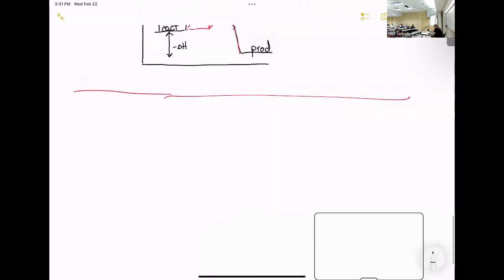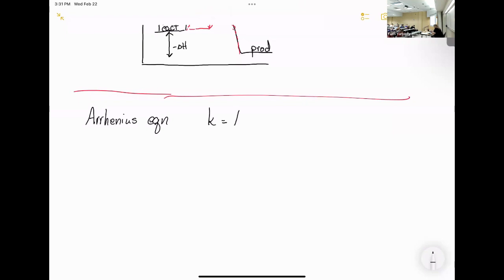is that the rate constant is equal to a frequency factor times the exponential of negative E sub A over RT, where E sub A is our energy of activation.